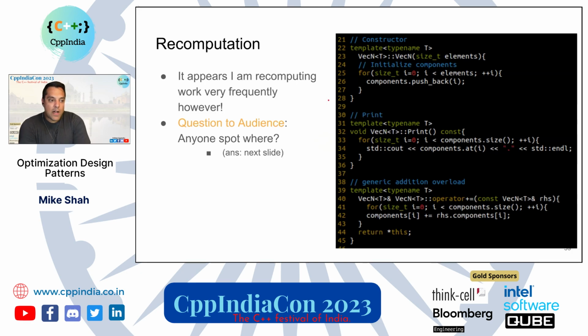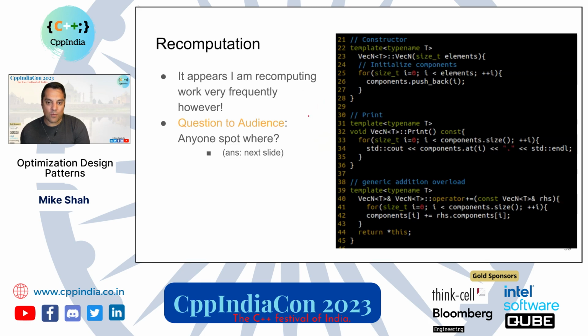So I want to optimize this, and can anybody, I'll take an interactive audience answer here, see where I'm recomputing work frequently? I can kind of go back in our memory and try to recall some of our previous examples. Where does it look like I'm just recomputing something over and over again on this example?